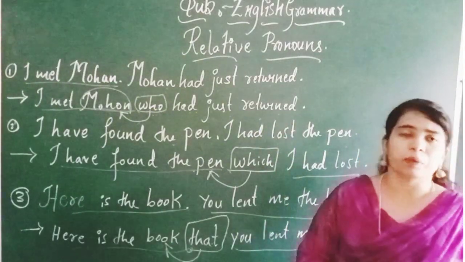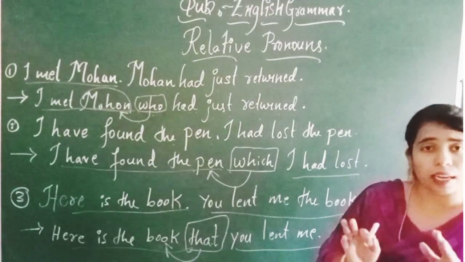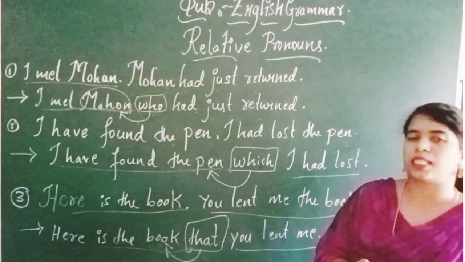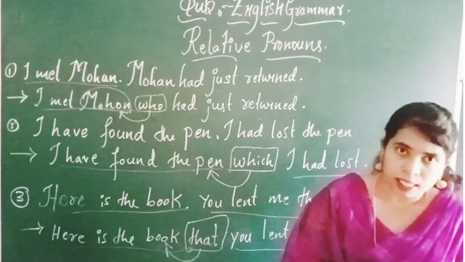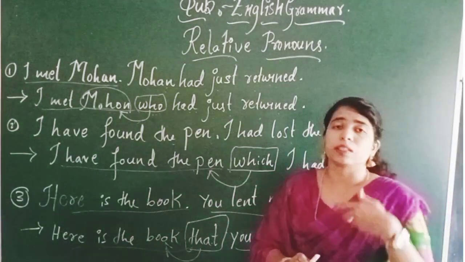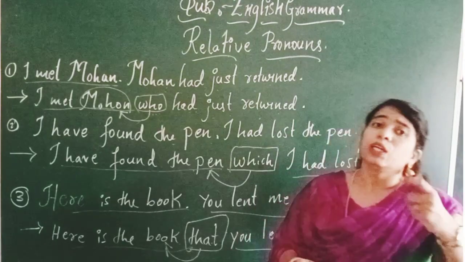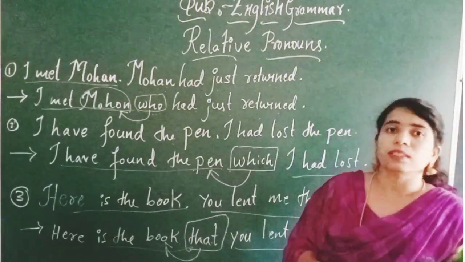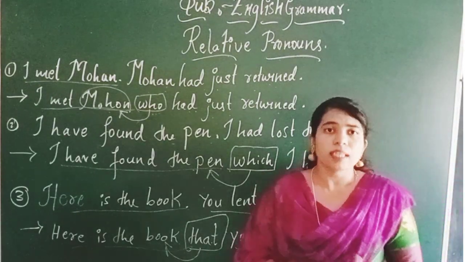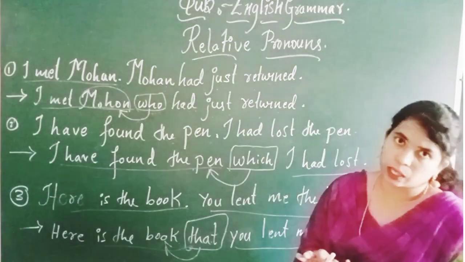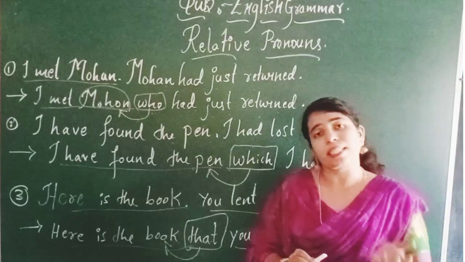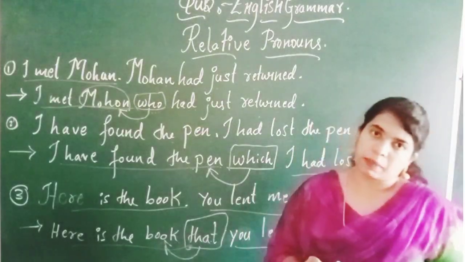Relative, the word itself tells us it is related to something else. The pronoun is related to another noun. These words come under relative pronouns and they are also called conjunctions or linkers, my dear friends.